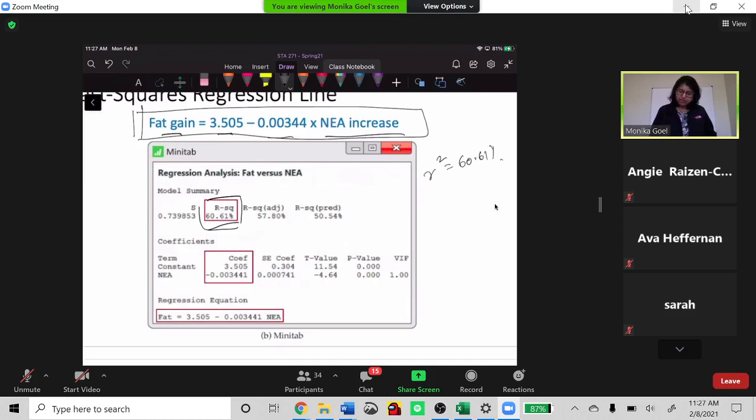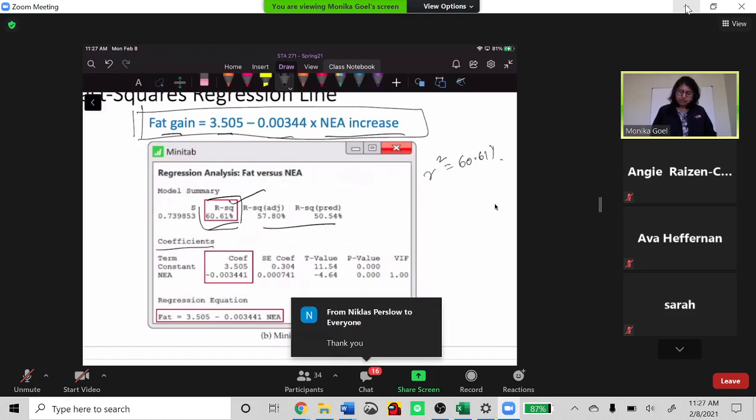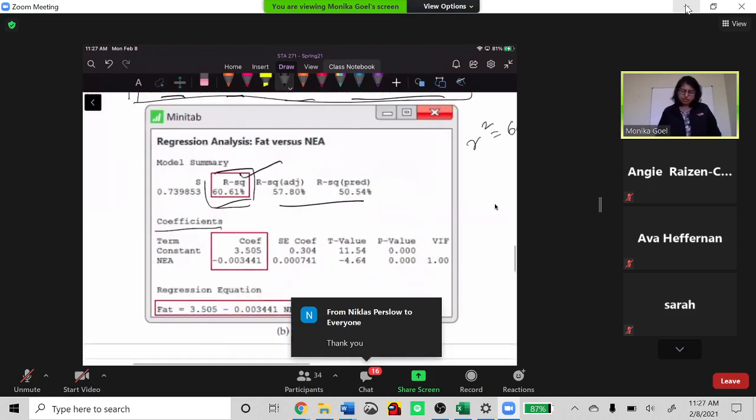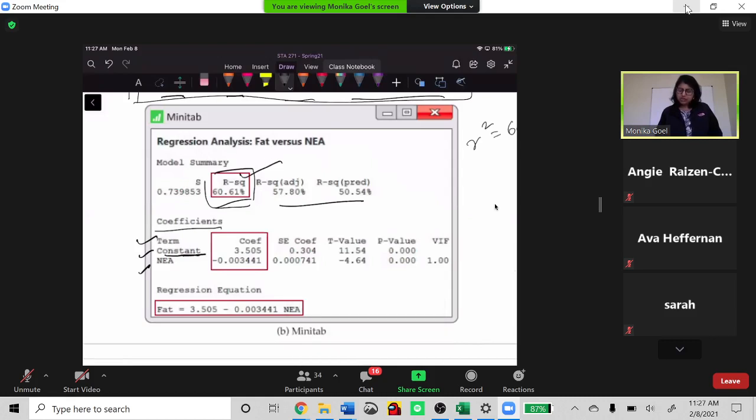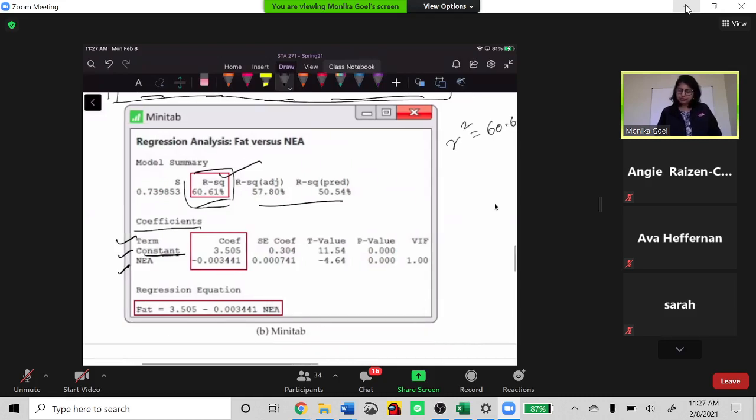Then you have R squared adjusted, R squared predicted. Just leave that, and just look for the R square value. Then come to the coefficient. When you go to coefficient, you look at term, constant, and NEA. The constant is your B0. This is the value of your B0.